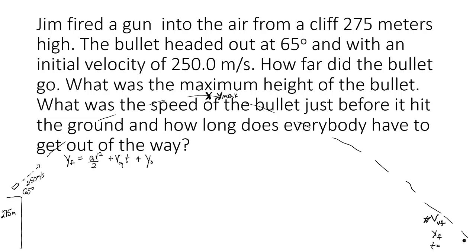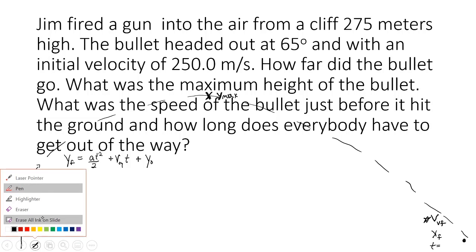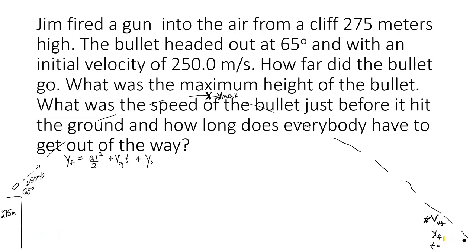That's why I'm using y. It's very different when you work on the vertical versus the horizontal. The final vertical position, which occurs right here when it hits the ground, that value is 0.